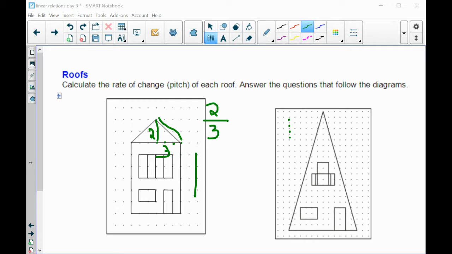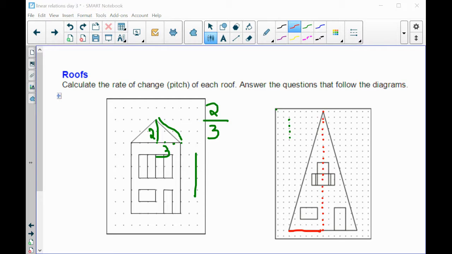So now we're going to look at the pitch of the second house, which is very clearly quite a bit steeper. This is one of those A-frame houses. Now you have to remember that we're only looking at the pitch of the roof. And so the pitch is from the top to the bottom, right? So when we're thinking about the run of the roof, it's only half of the building. It's not the entire building. So you got to cut that building in half when you calculate your run.